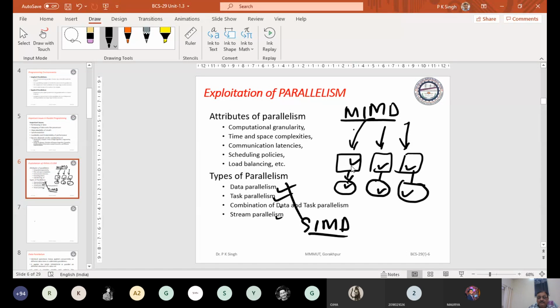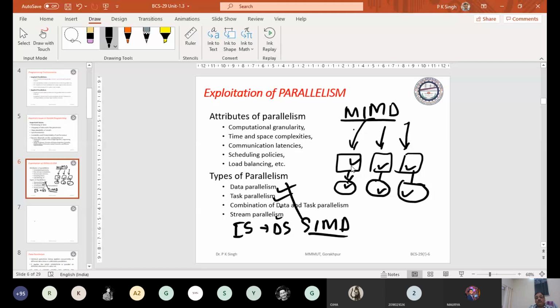Then stream parallelism means we have two streams. During data manipulation, we consider two streams: one is called the instruction stream and the second is called the data stream. In Flynn's classification is based on only these.